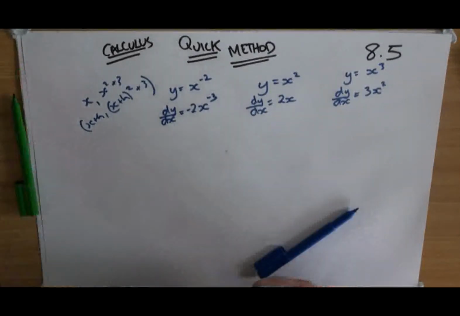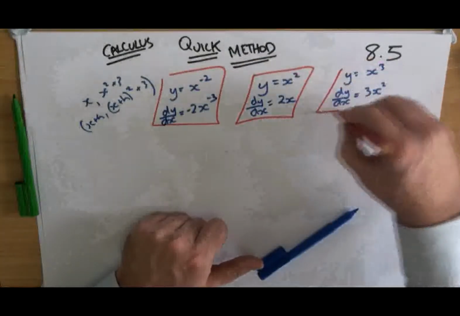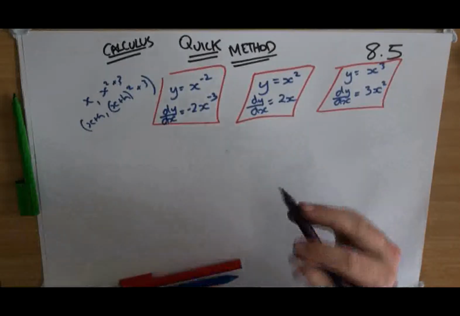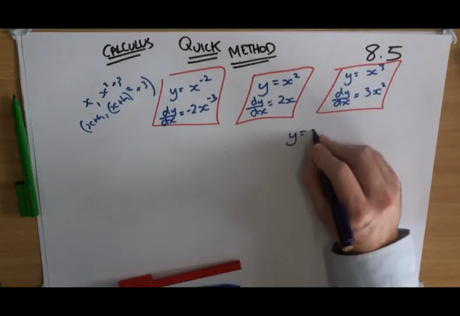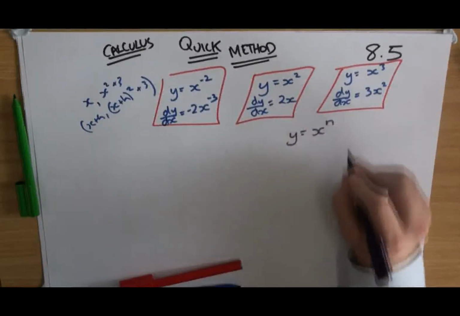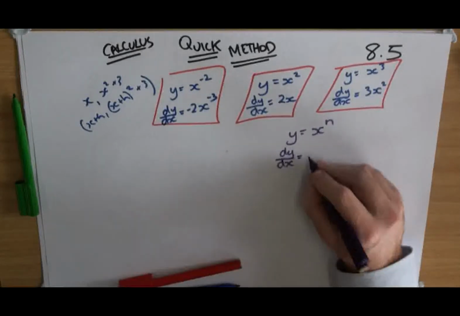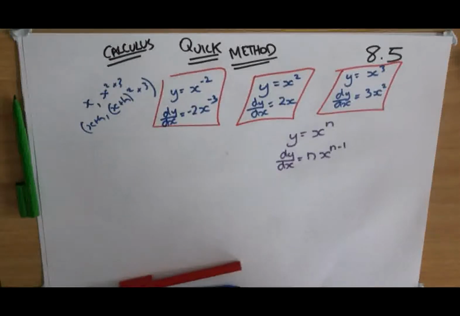So a pattern starts to emerge here, which is very interesting. The emerging pattern can look like this in a general form: if y equals x to the n, then dy dx equals n x to the n minus 1.